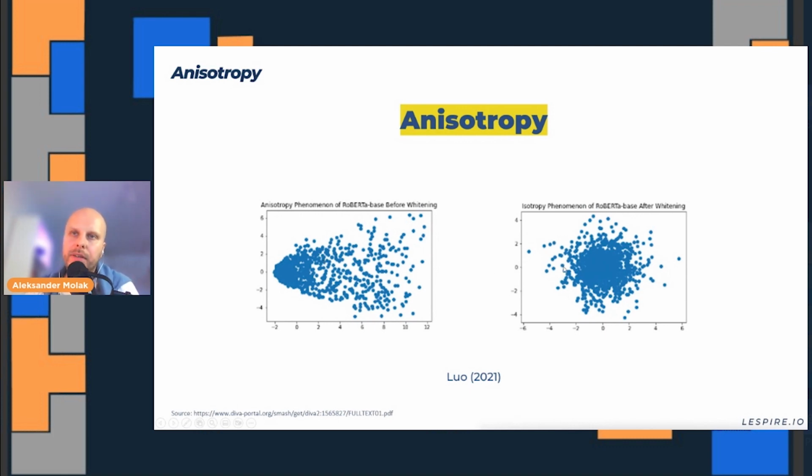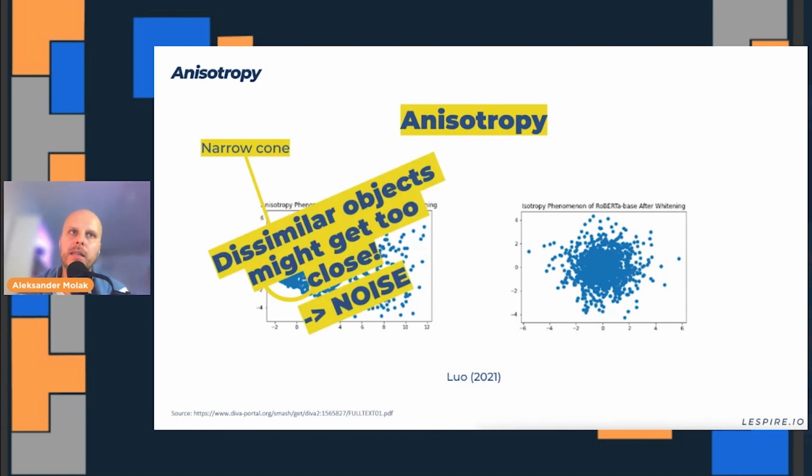But now let's think about it. What is the cost of getting this tip so dense? This narrow cone might cause similar objects to get a little bit too close to each other. For instance, when you talk about a train and a cat, in this cone, train and cat might be pretty close to each other. Maybe not as close as cat and dog, but pretty close.